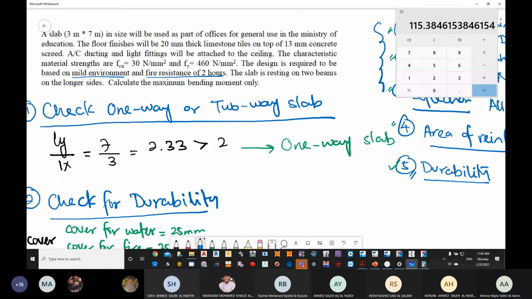Yes, we have 20 mm thick limestone tiles, and then we have 13 mm concrete screed, and then we have AC ducting and light fitting. Okay, so we have three things: limestone tiles, concrete screed, and then AC ducting and light fitting.